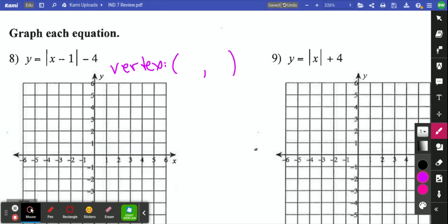Well, we could write the general form when a is 1. When a equals 1, you don't have to write it because a is that number that's multiplied by the absolute value. So if it's 1, you don't have to write it. So don't worry about the a for right now. The general form when a is 1, though, looks like this.